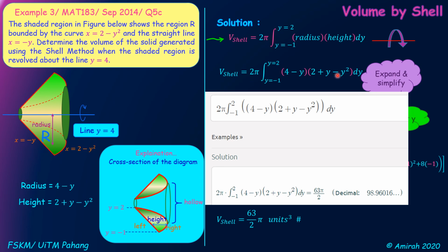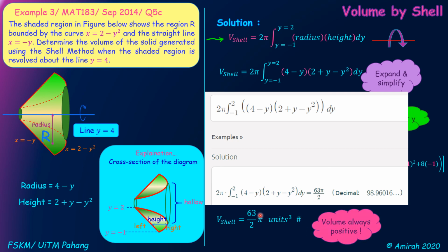So from here we can use Symbolab to calculate. We have 2 pi, integrate from negative 1 to 2, 4 minus y times 2 plus y minus y squared dy. After we press enter, we get 63 pi over 2.